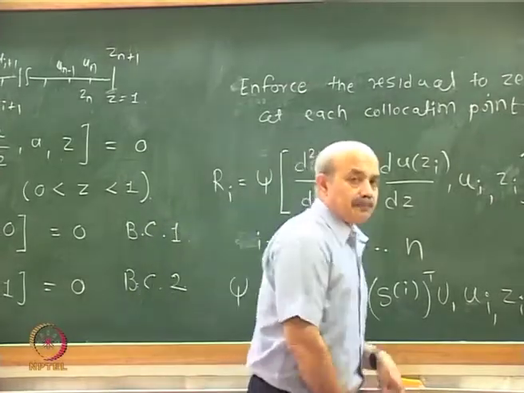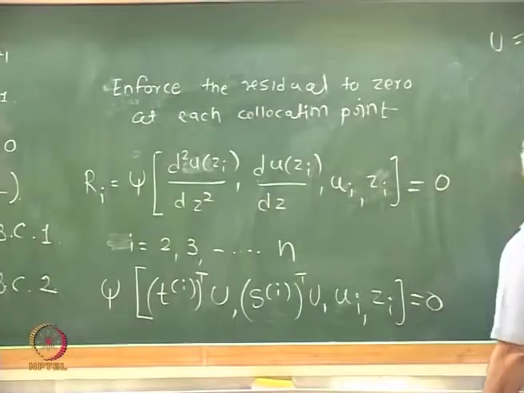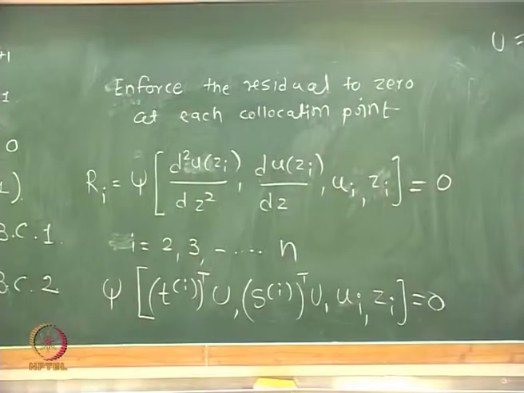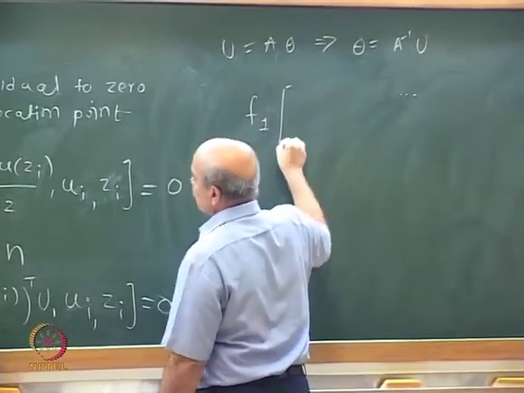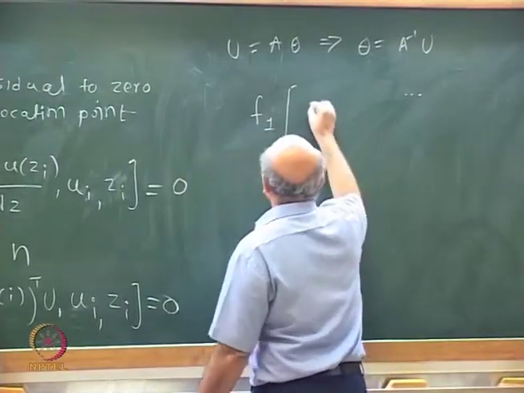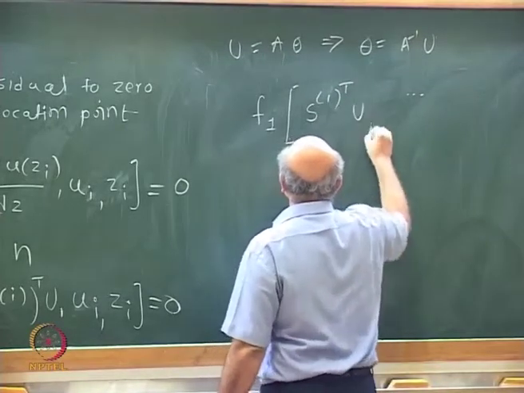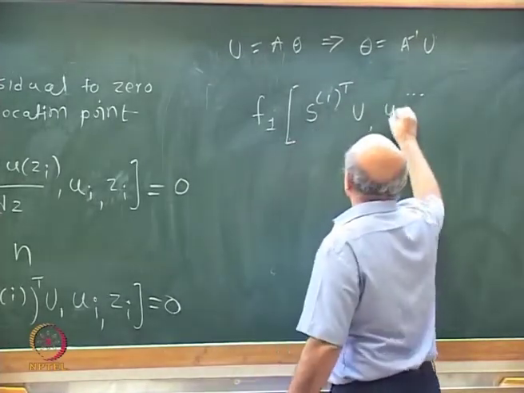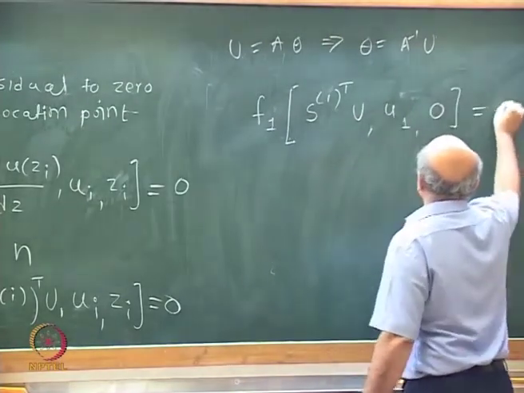So let's write the 2 additional equations. The next equation is f1: S1 transpose u1 at z equal to 0.